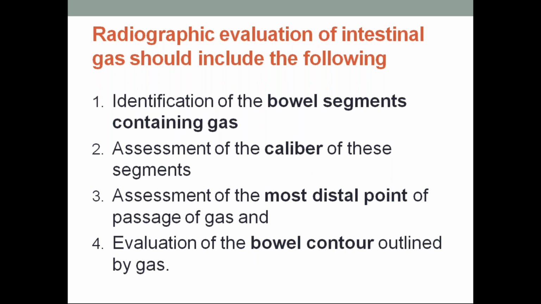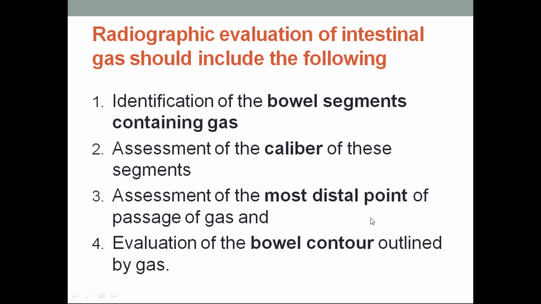We have to know the most distal point for the passage of the gas, and up to which point we are seeing the gas: up to the duodenum, up to the small bowel, up to the cecum, up to the large bowel, that is ascending colon, transverse colon, descending colon, or rectum. We have to see all the bowel loops and make a note.